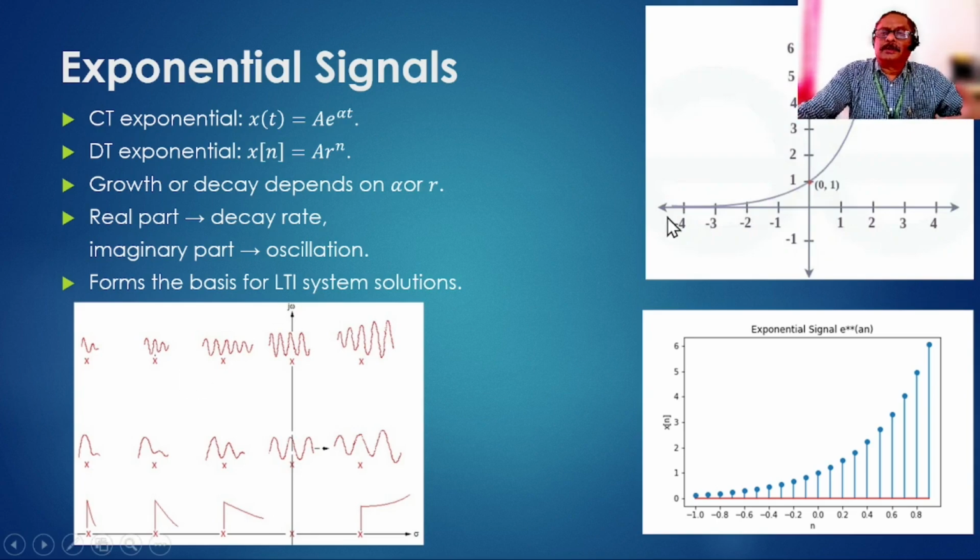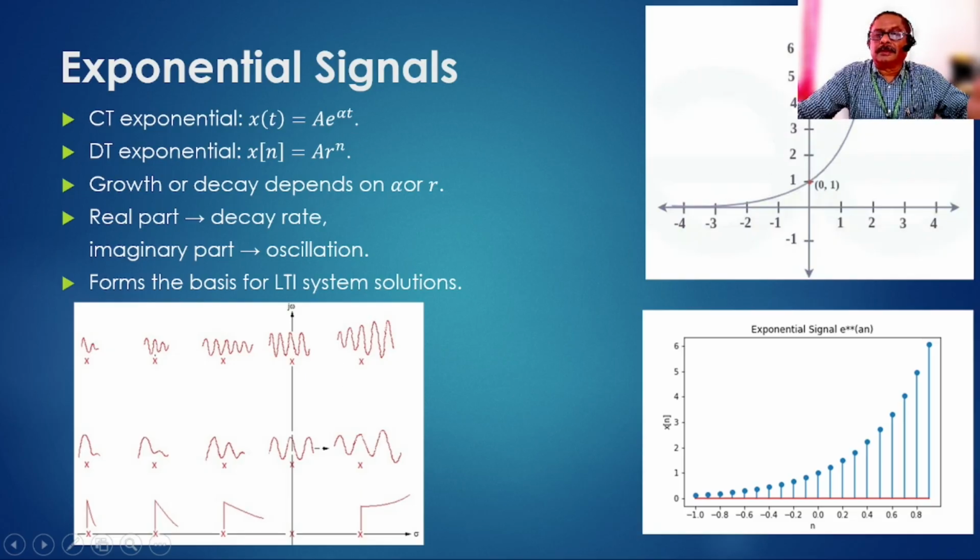So that's about the exponential signal in the continuous time domain and the exponential signal in the discrete time domain, and the value of alpha decides how the overall signal looks. Alpha can be real or complex.